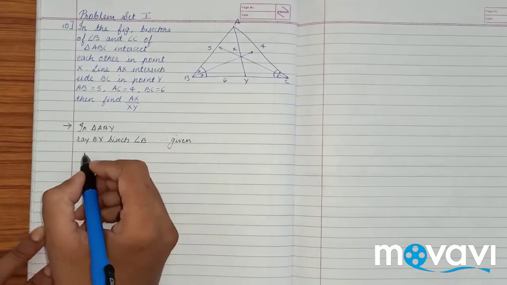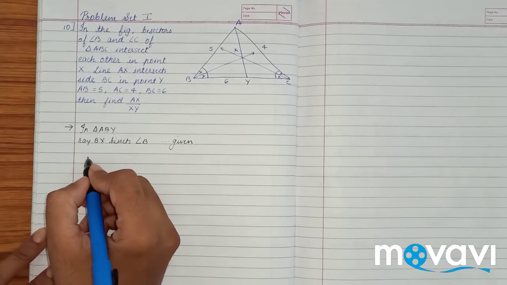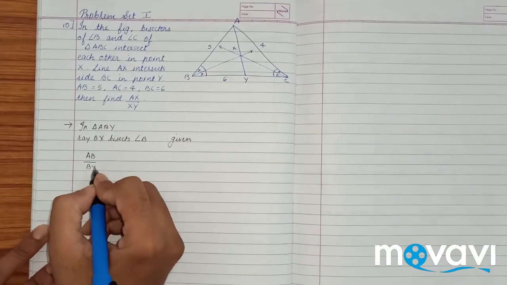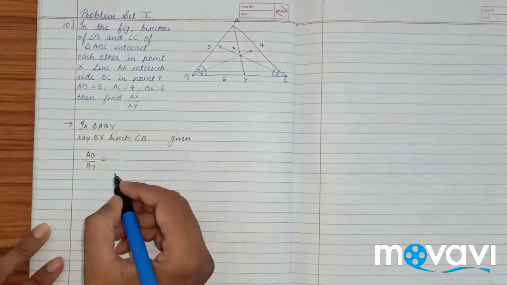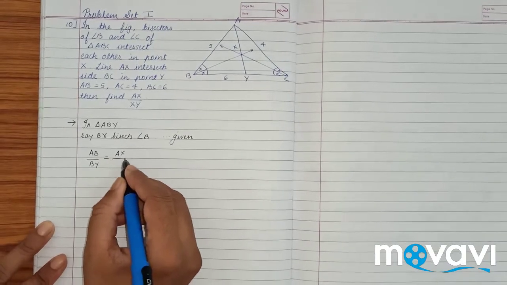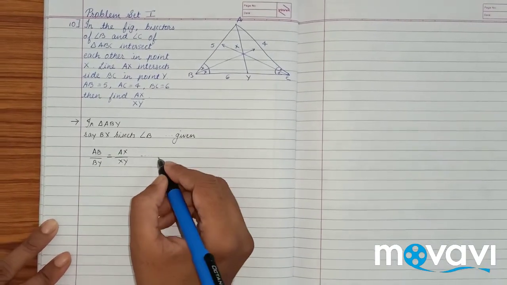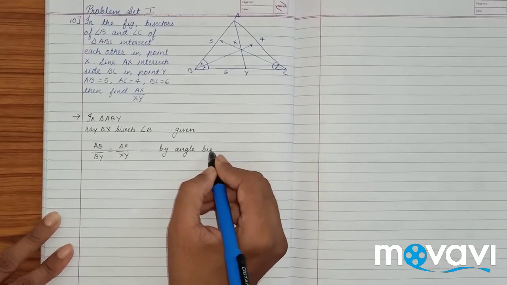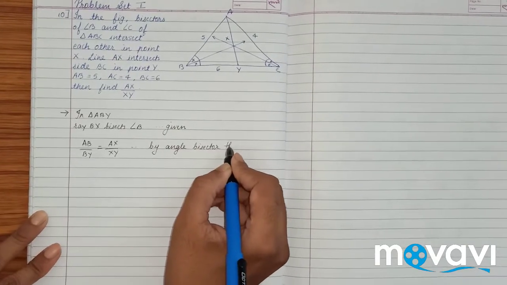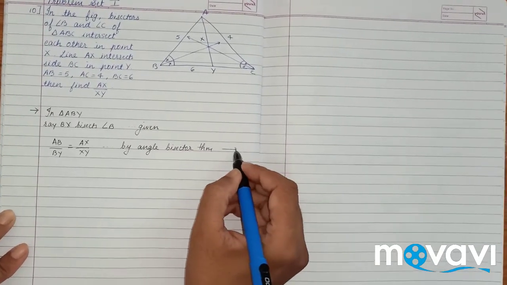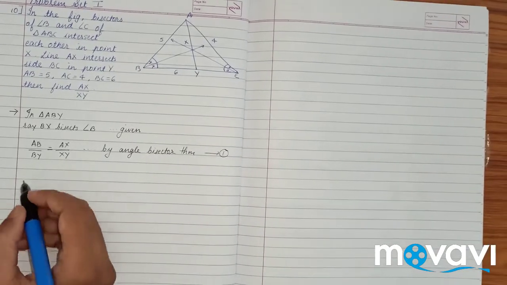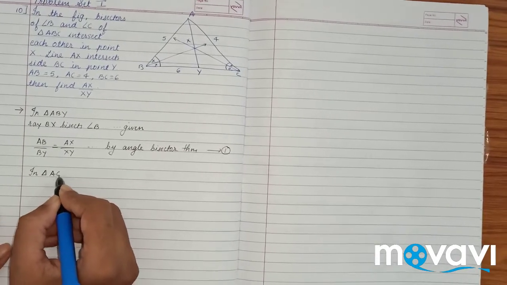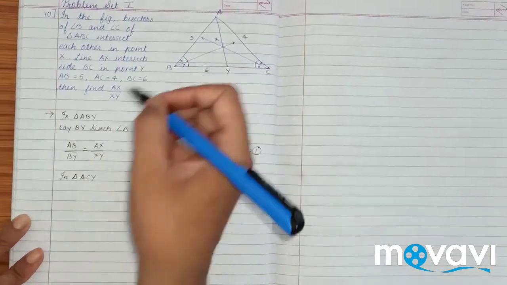Let us write down the ratio because of angle bisector theorem. AB upon BY is equal to AX upon XY. What will be the reason? By angle bisector theorem. Let this be your step 1. Now let us consider the second triangle, that is triangle ACY.